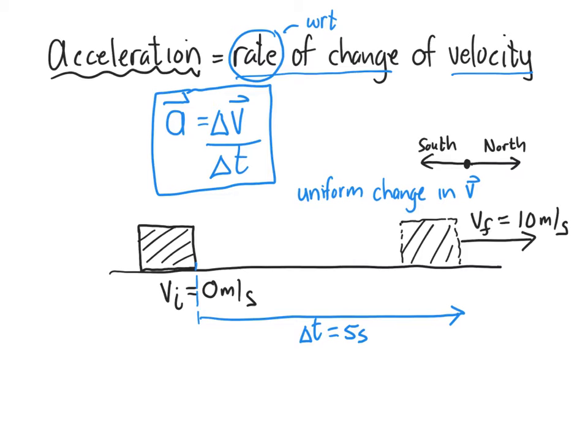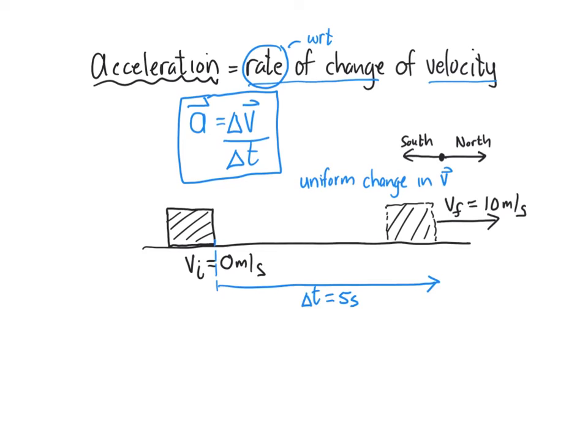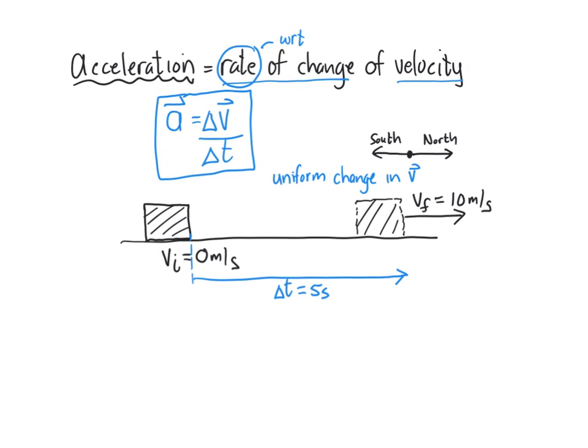It's done in a consistent manner. Then we can work out the acceleration. So the acceleration is the change in velocity over the change in time. In physics, a change is always the final quantity minus the initial quantity. So in this case, it's V final minus V initial.